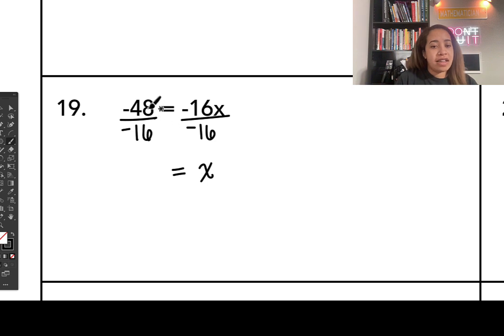So looking at the left side, negative 48 divided by negative 16. That gives us 3, and it is going to stay positive. Whenever you're dividing, if they have the same signs, we get a positive answer. So x is equal to 3.